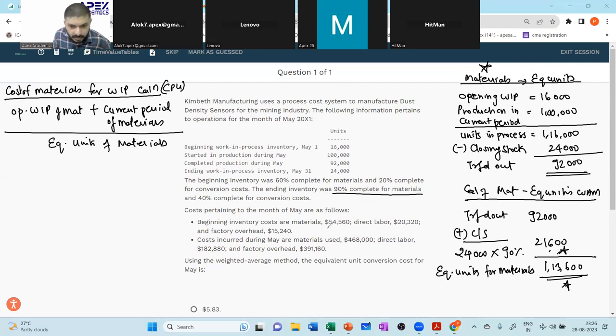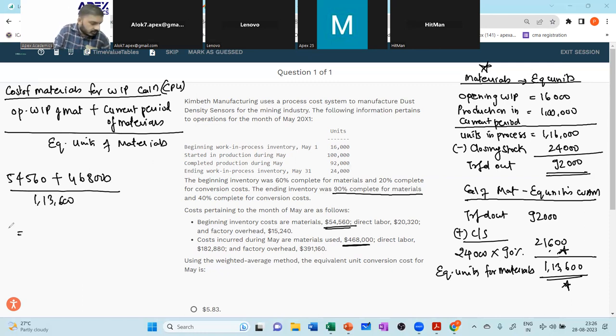So opening WIP materials 54,560 plus current period materials 468,000, divided by 1,13,600. So 54,560 plus 468,000 divided by 1,13,600. Your answer is 4.6 per unit.